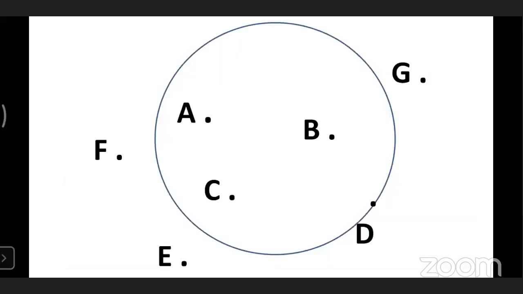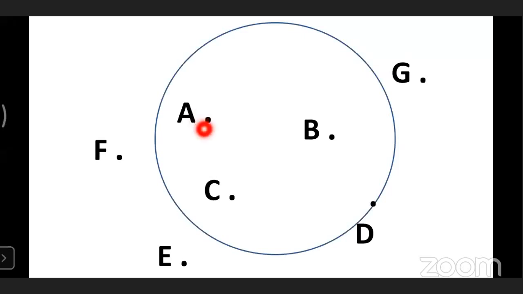Now just observe this carefully. One circle is there and some points are there. Observe the points carefully. After that, I'm going to ask you questions. First of all, let us read the points.